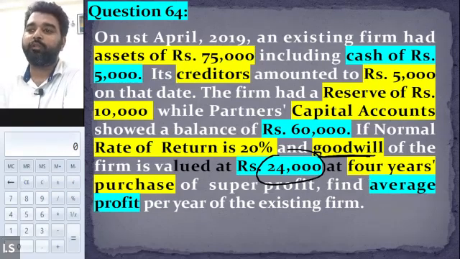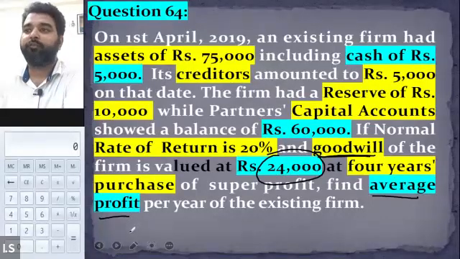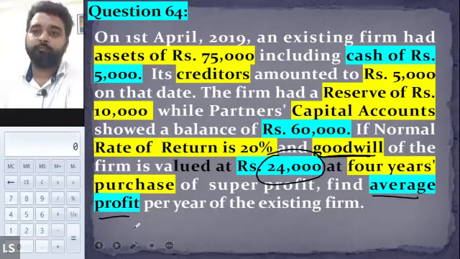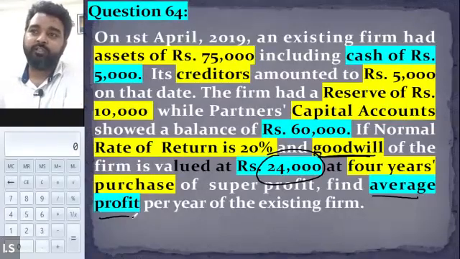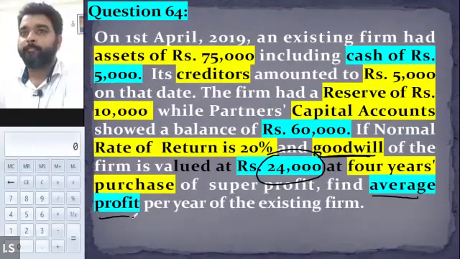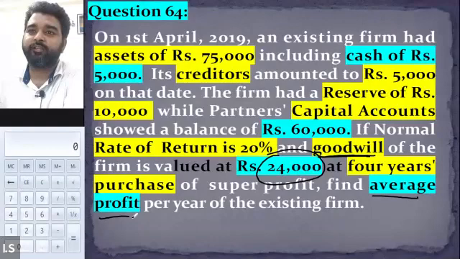We need to find out the amount of the average profit of the firm. Got it, everyone? Is this clear? Other than the goodwill, the rate of return is given in the question, 20%. And the value of the asset, cash, creditor, reserve, and the capital is also given.